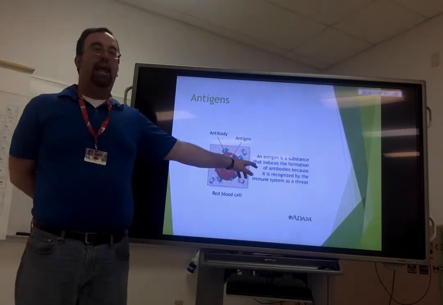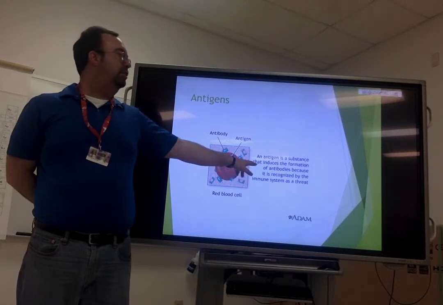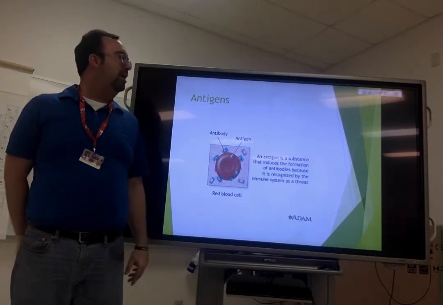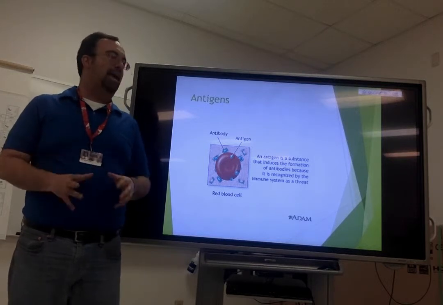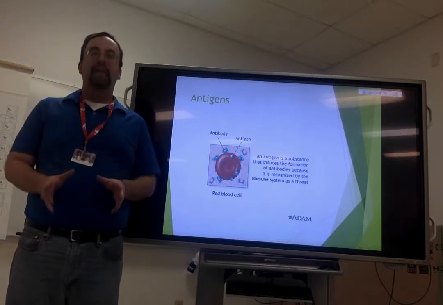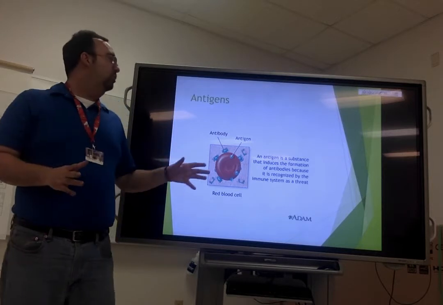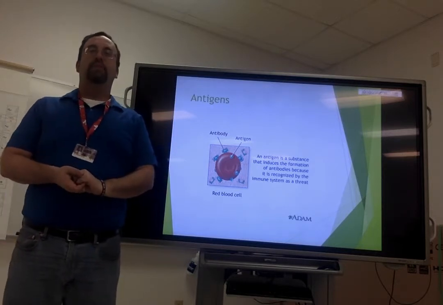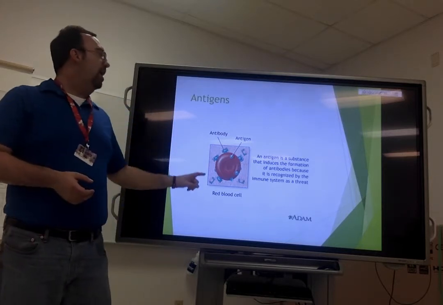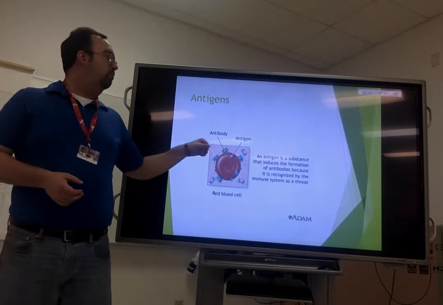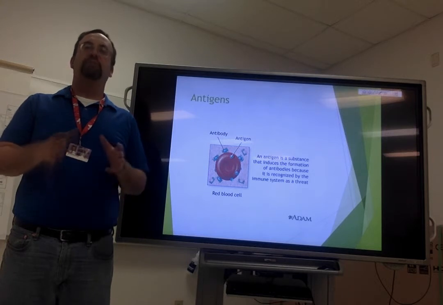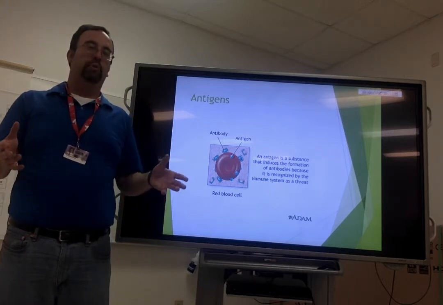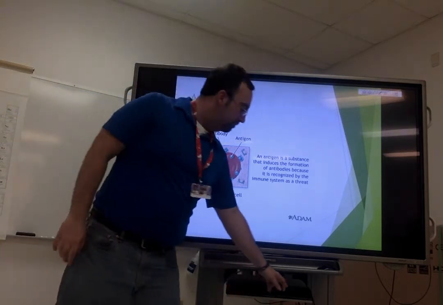An antigen is a substance that induces the formation of antibodies because it is recognized by the immune system as a threat. Again, it gives a warning signal to the body that there's something here that shouldn't be here. The antigen will cause the production of antibodies, which will then go off to fight the infection or whatever the foreign invader is.